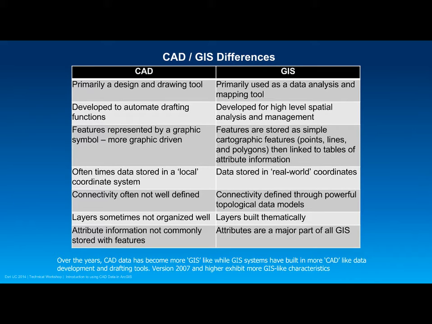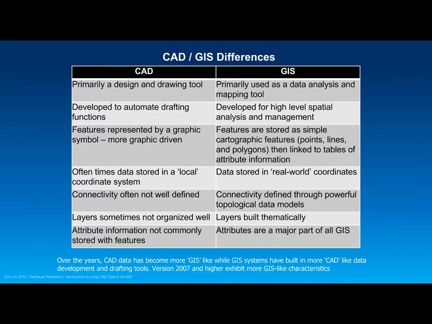However, sometimes these connectivity tools and snapping aren't applied in the ways they should, so you'll see gaps in data where it shouldn't be. In a GIS, connectivity is defined through powerful topological data models and through snapping techniques. And connectivity is a very important concept in GIS.